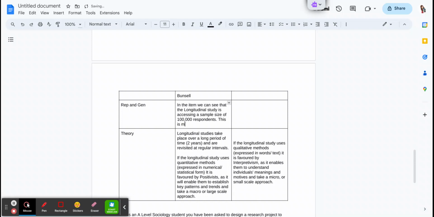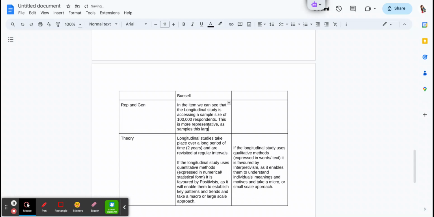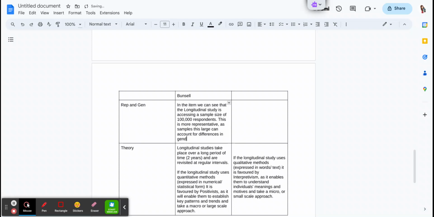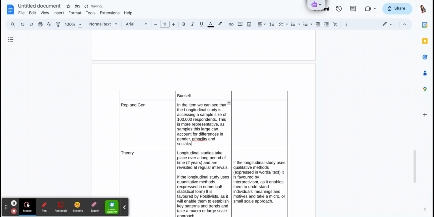This is more representative, as samples this large can account for differences in gender, ethnicity, and social class. Samples that large means that it's more representative.